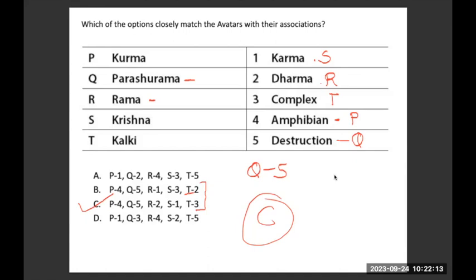So that's how I arrived at option C. Please, if you don't know the correct association in match the following, go with the options which you know first, eliminate, and then go with other variations which are coming in. That's how you should be following for any match the following questions. You won't be wrong in any case. Any doubts, any questions?